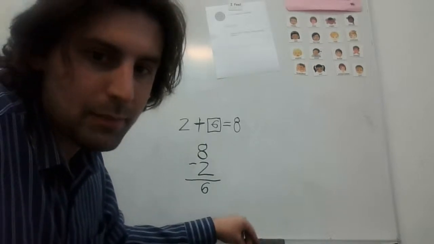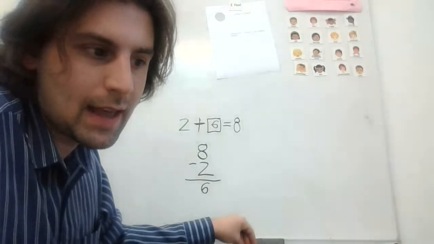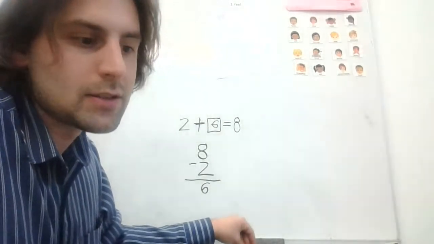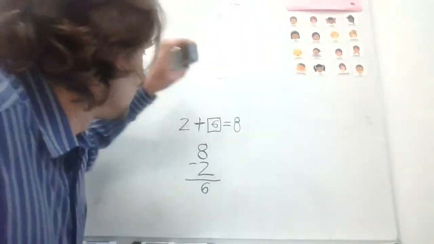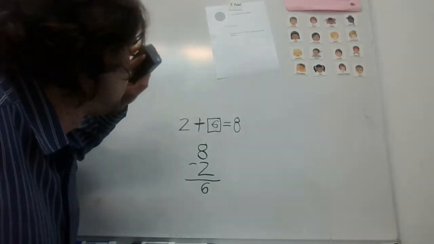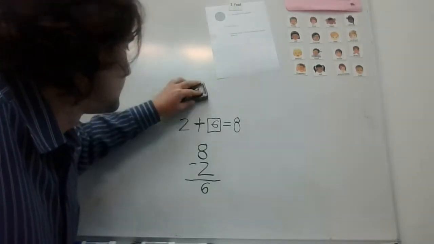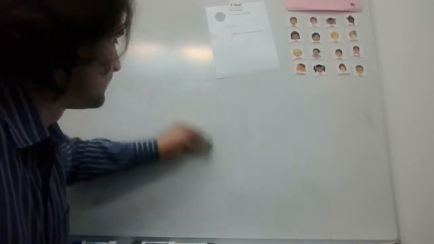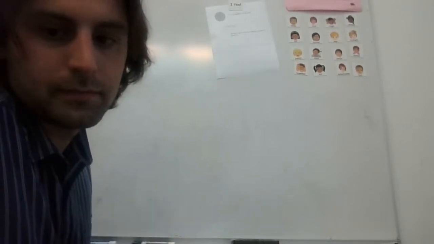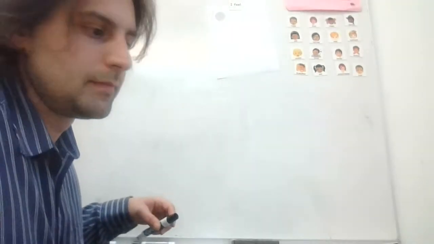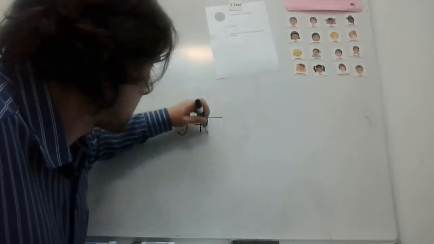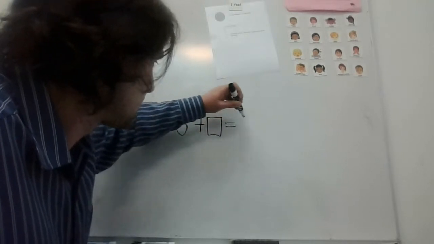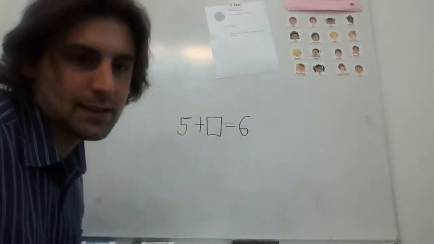All right, final example problem. Then the next video on missing addends that I'm going to do is going to be with 2-digit numbers. All right, final problem. 5 plus something equals 6.